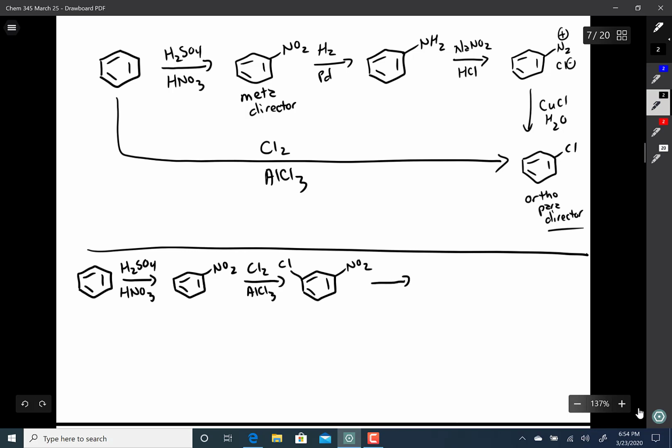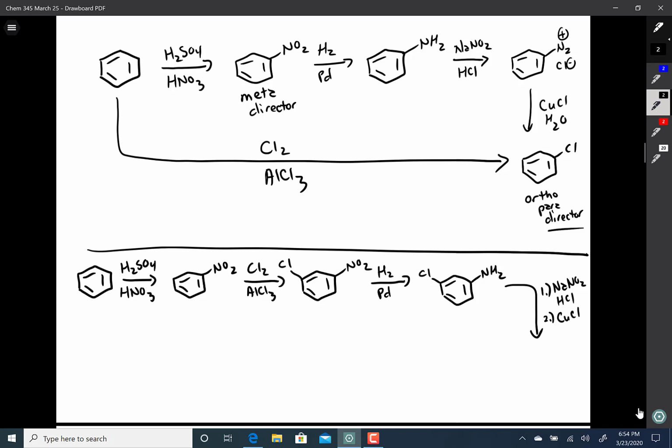Reduction, followed by diazotization, and reaction with copper chloride.